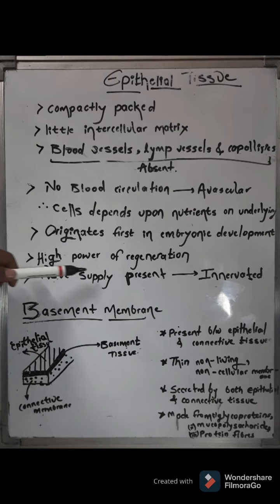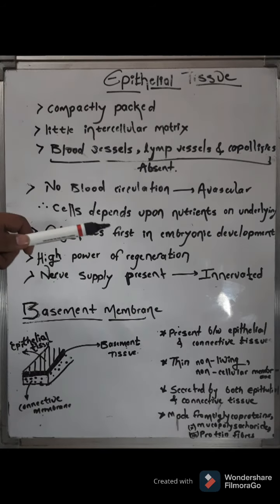Nerve supply is present in the epithelial tissues. As you can see, the covering of your body, that is your skin, is a type of epithelial tissue. When a layer of skin peels off, you will see a white kind of structure present on your skin.